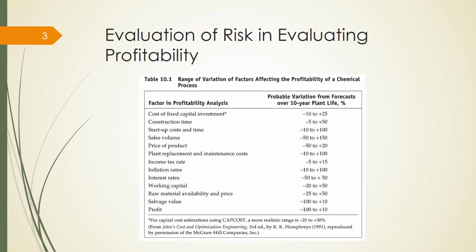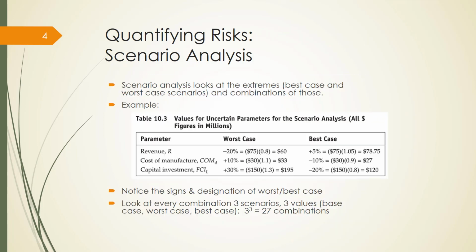How can I use this to create scenarios that will help me understand what's the best that can happen and what's the worst that can happen? So we're going to want to look at the extremes and our design or our base case.